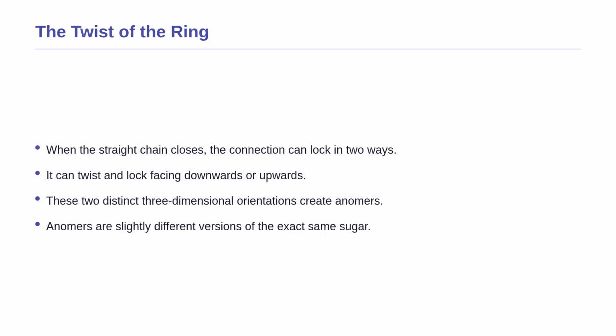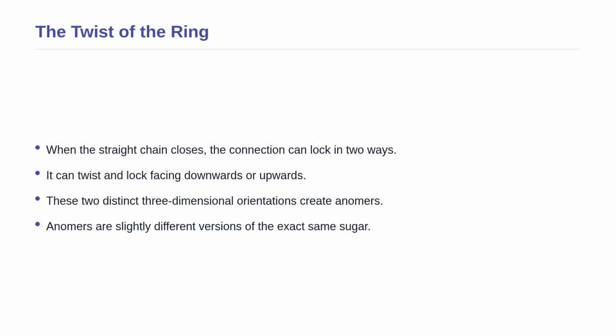Now that we have proven, mathematically, that sugars exist almost entirely as rings, let us look closer at how they close. Let us go back to our analogy of the snake biting its tail. When the head connects to the tail, it can twist in one of two ways. It can lock into place, facing downwards, or it can lock facing upwards.